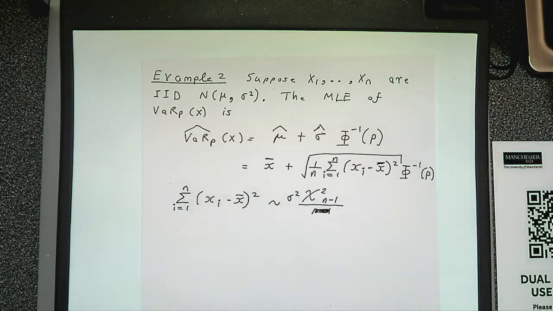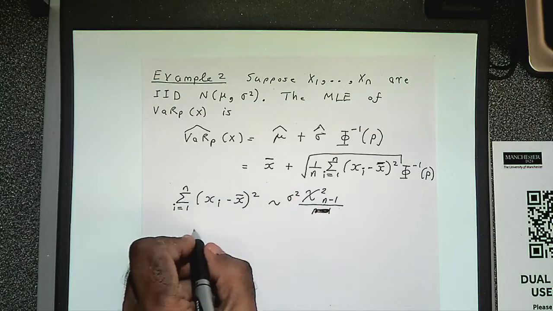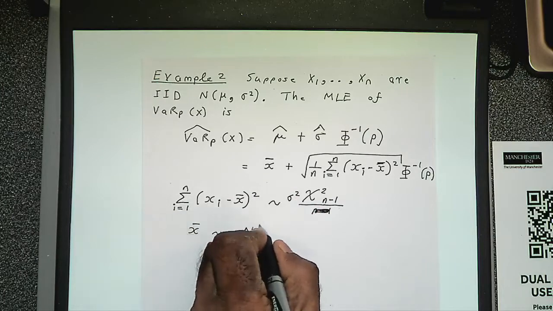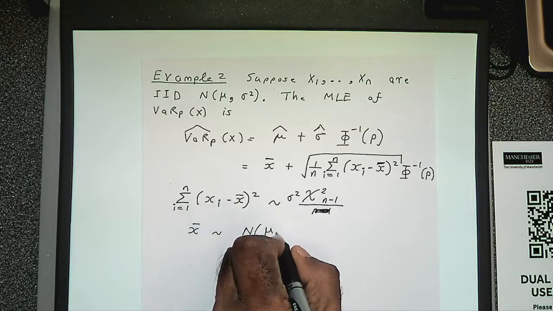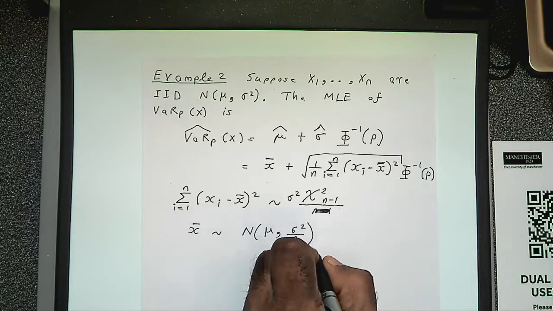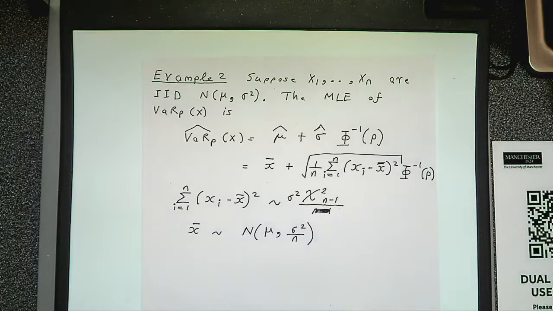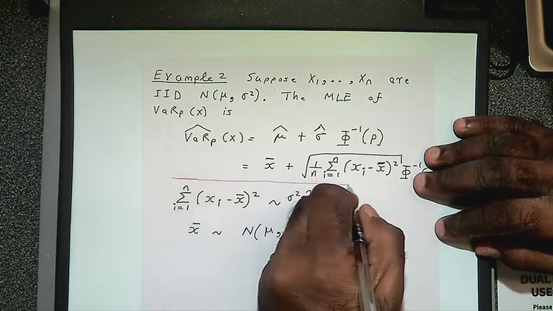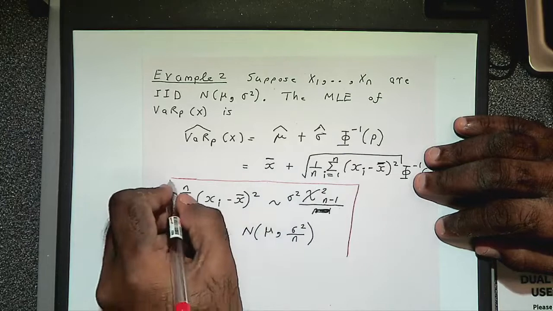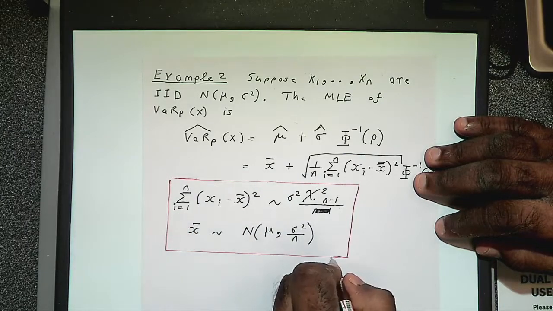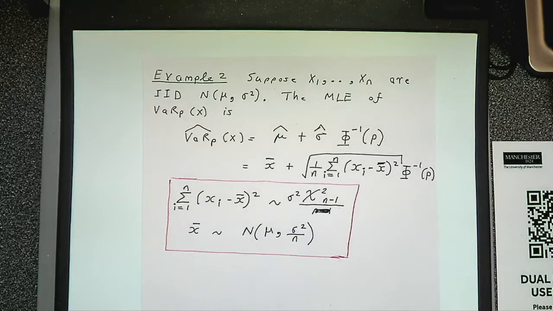Yeah, and also the result that x bar has a normal distribution with parameters... Do you guys know this? This is stuff that I talked about in the first year intro to stats course, but you might have also covered this in statistical methods if you have taken it.